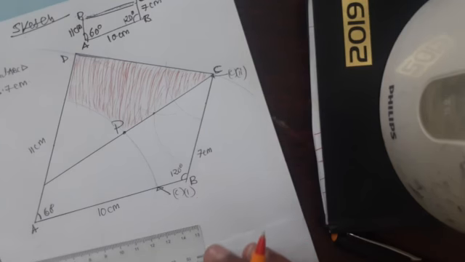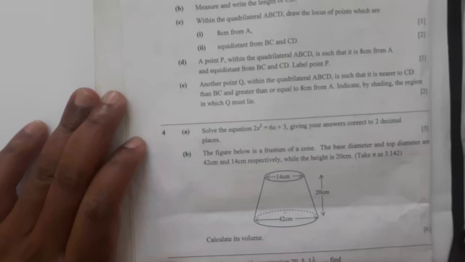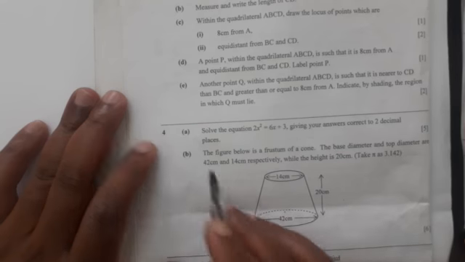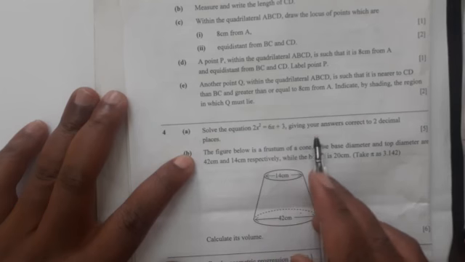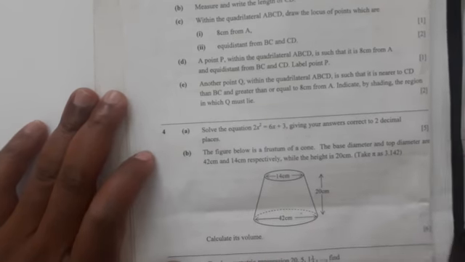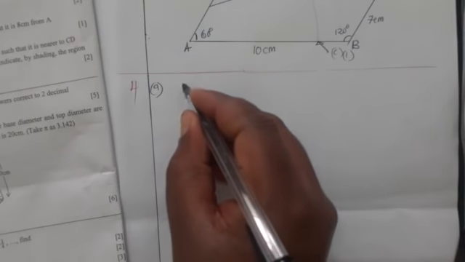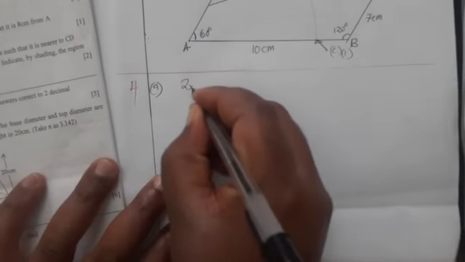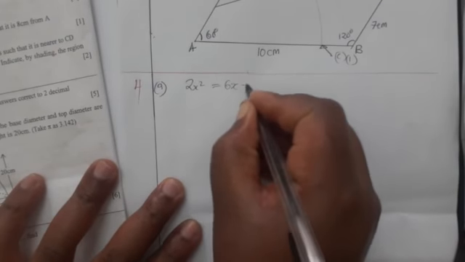Then we go to the next question, question 4. Okay, question 4. Solve the equation 2x squared is equal to 6x plus 3, giving your answers correct to 2 decimal places. All right? So you can copy that question. So we have 2x squared is equal to 6x plus 3.